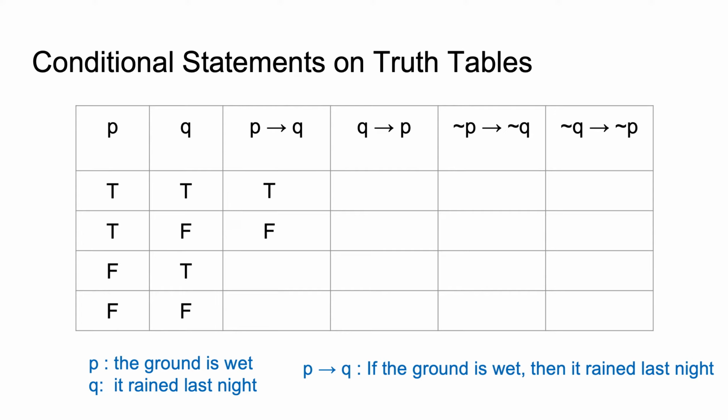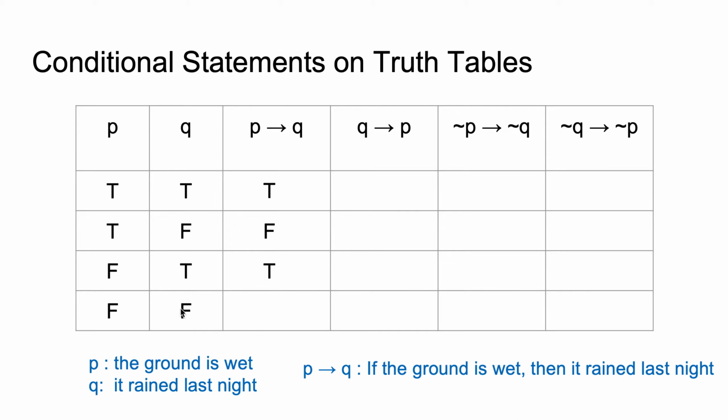However, if our hypothesis is false, if the ground is not wet, but it did actually rain last night, this statement is actually true. If the ground is wet, then it rained last night. Well, even though the ground's not wet, it did rain last night, so this statement, we have to accept it as true.